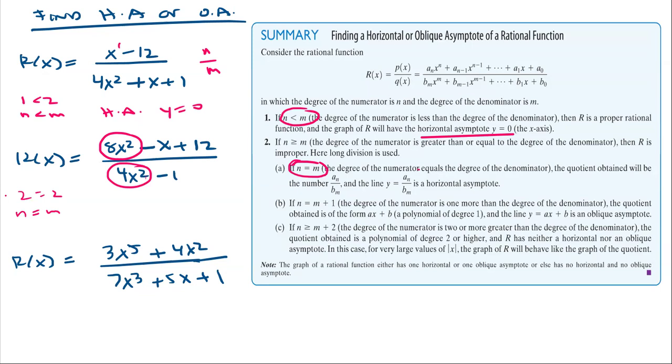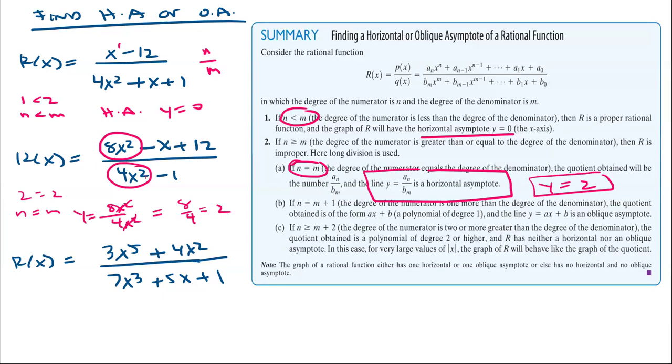The line y is equal to a_n over b_m is a horizontal asymptote. So I have y is equal to 8x squared divided by 4x squared. The x squares cancel, and I'm left with 8 over 4, which is equal to 2. So in this case, I have a horizontal asymptote at y is equal to 2.